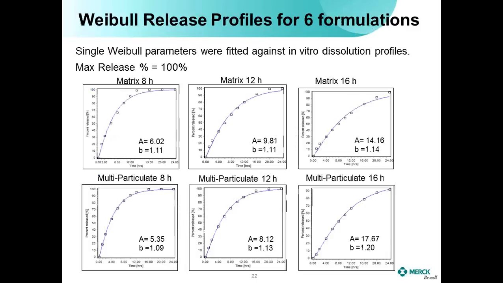Again, first of all, we got the dissolution profiles from 2 different formulations, the matrix formulation and the multi-particulate formulation, with different release rates. Here, the open rectangles are our experimental data, and using the Weibull function in the GastroPlus controlled release module, you can fit the initial data to get a Weibull function curve, as you see here in the blue curve.